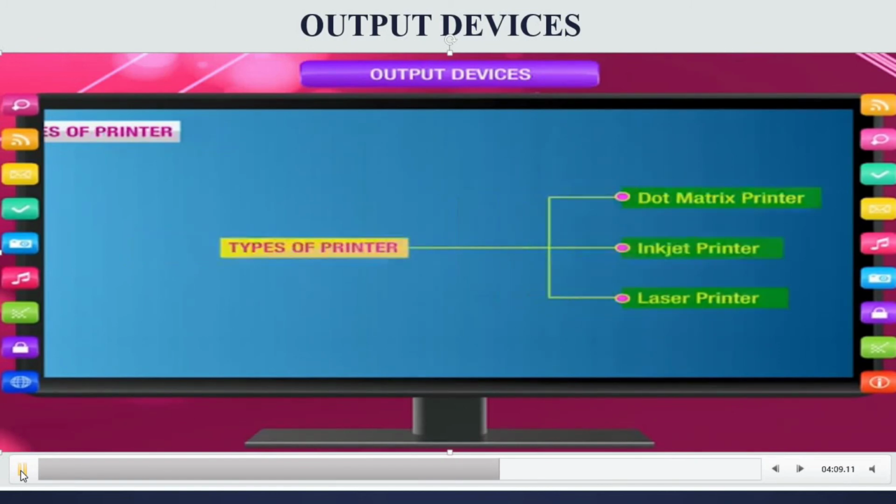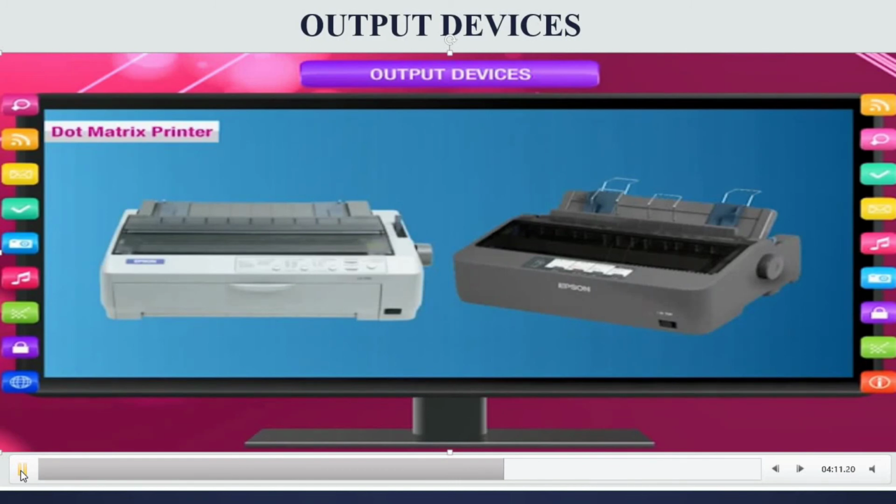The first is the dot matrix printer. See this picture clearly. This is a picture of the old dot matrix printer. This printer prints the character by striking a pin against the ink. In this design we have a striking pin inside and ink also.